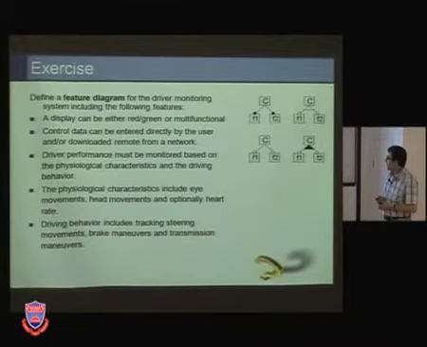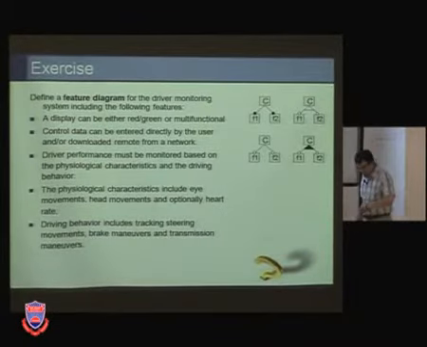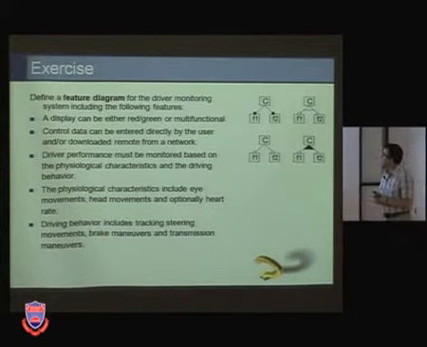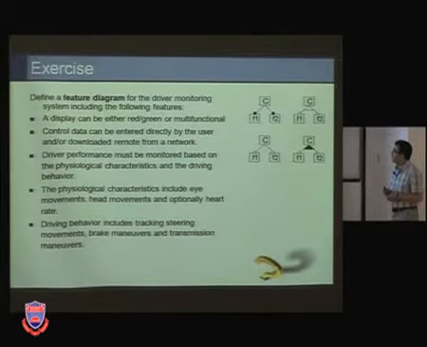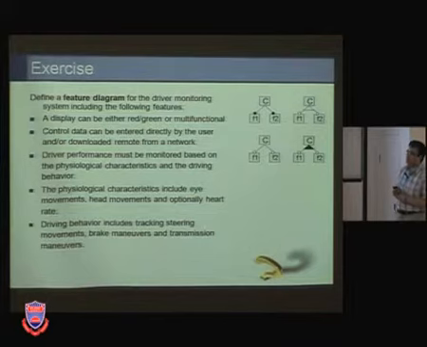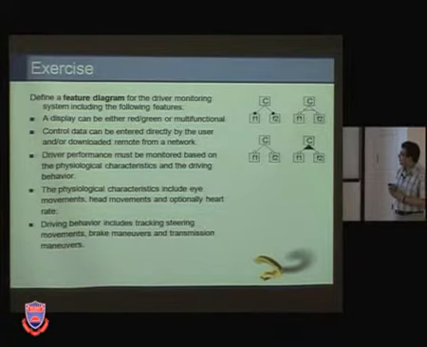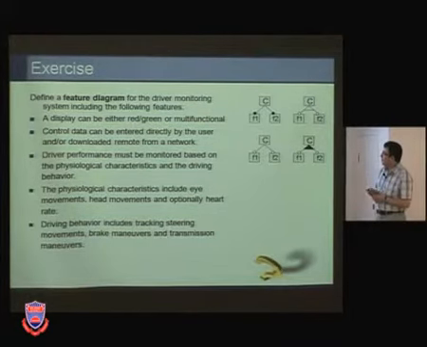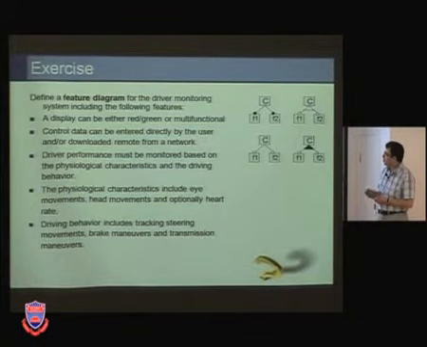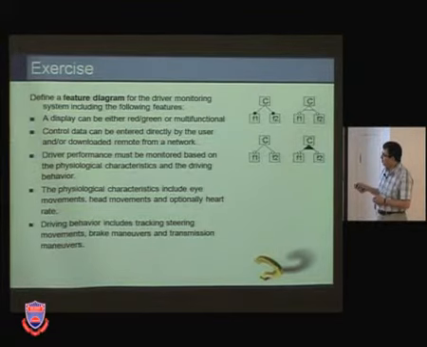So let's do a short exercise then. Define a feature diagram for the driver monitoring system, including the following features. Display can be either red, green or multifunctional. Control data can be entered directly by the user and or downloaded remote from a network.